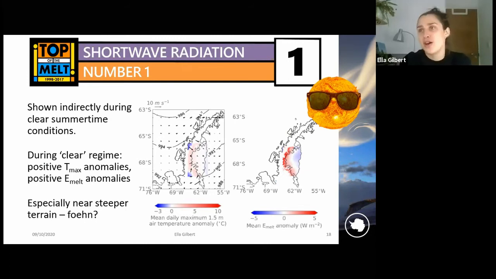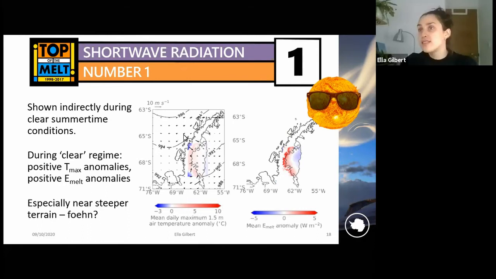So here we've got the first of many composite plots that you're going to see. Hopefully you won't get too bored of these by the end. I'll explain them briefly. Here on the left, we've got the mean surface meteorological conditions. We've got color contours, which show you the mean daily maximum 1.5 meter air temperature anomaly, which is quite a mouthful, so I'm going to be saying Tmax anomalies from now on.